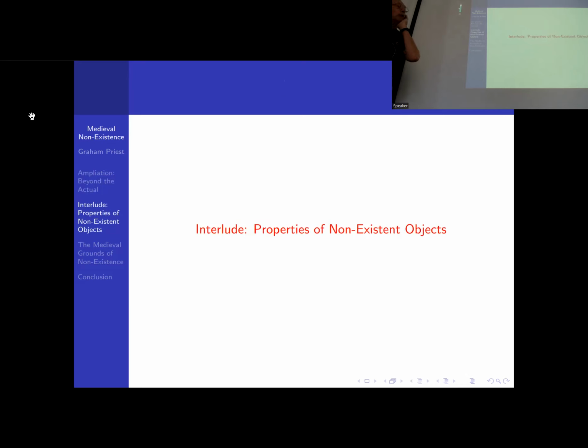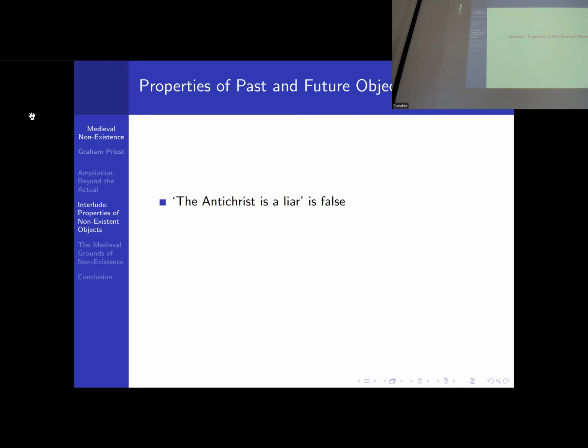Now let's talk a little bit about the properties of non-existent objects. So the medievals contributed something to this debate, but there are some things they're silent about. So let's just think about this for a minute. The Antichrist is a liar. Now that's false. There's a reference to the Antichrist in the Bible.